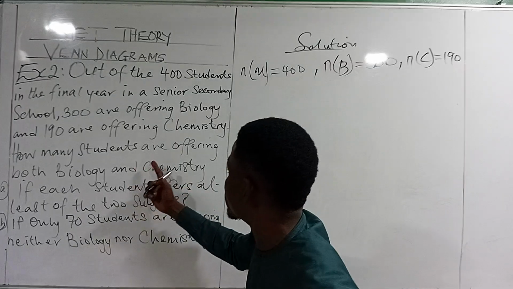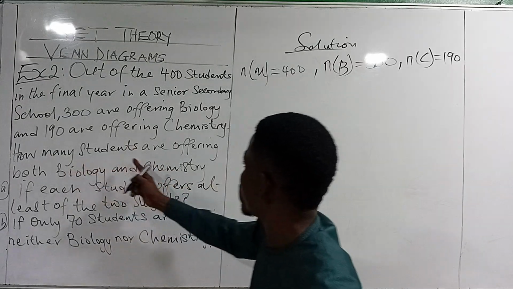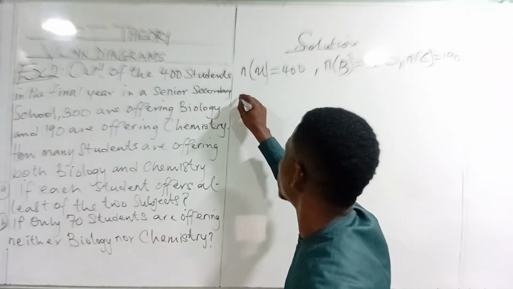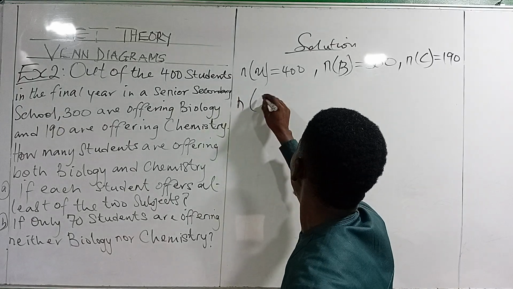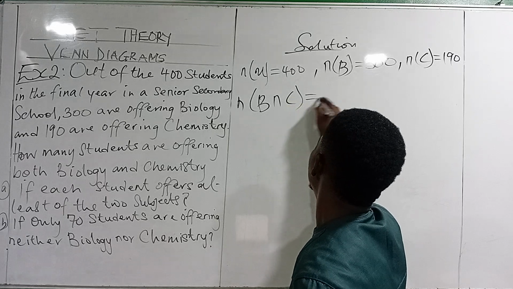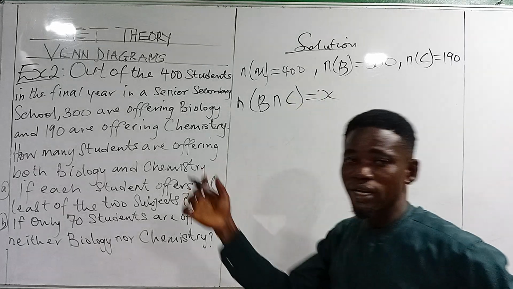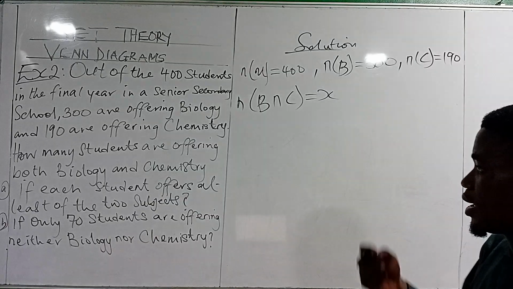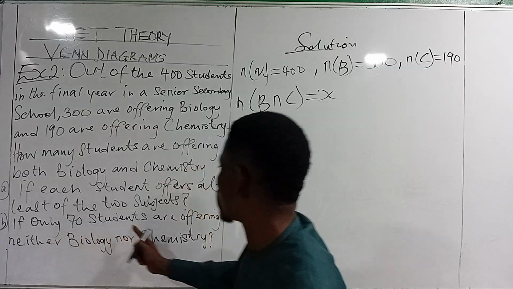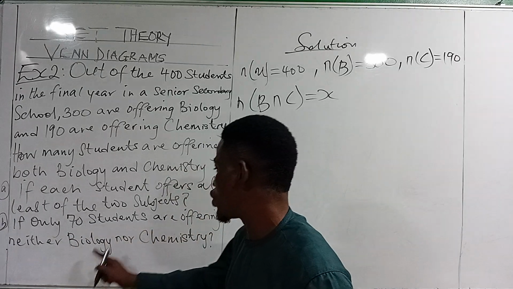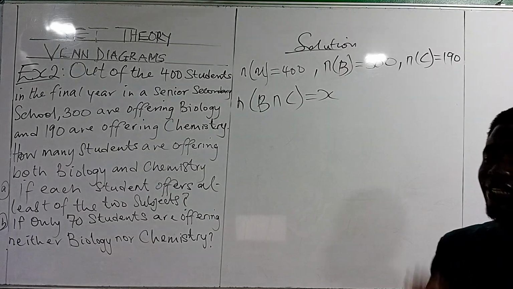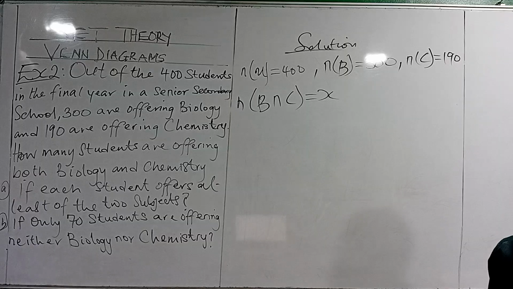So the question says, how many students are offering both biology and chemistry? So in set notation, it's going to give you n(B intersection C). So we make it X, the number of the students that are offering both biology and chemistry. Now let us go again. If only 70 students are offering neither biology nor chemistry, we have 70 students that did not offer any of the two subjects.